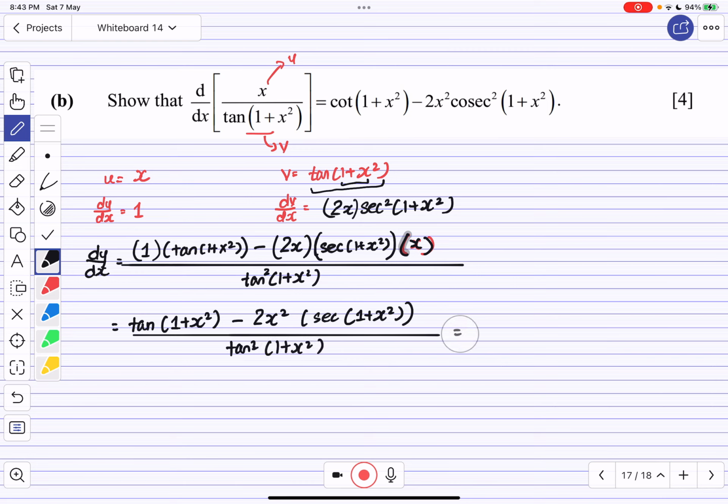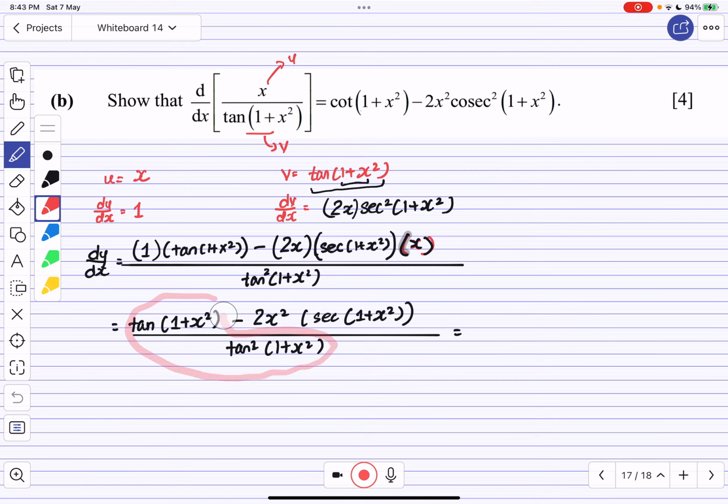Having my endpoint in mind, which has a total of two terms, and now I have a big fraction. I see that my numerator can be split into two parts, so I can split this one fraction into two. My first fraction will consist of this section here, and my second fraction will consist of the one in blue.